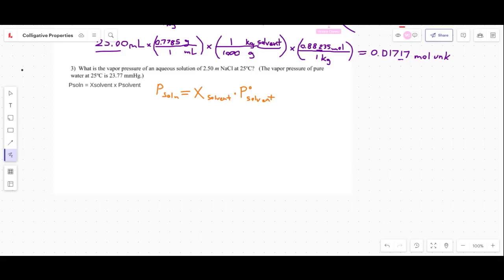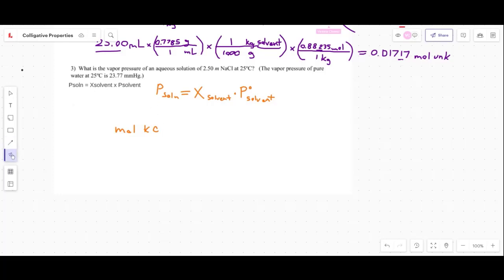Okay, so moles of KCl is equal to... Oh, actually, is it NaCl? Yep.